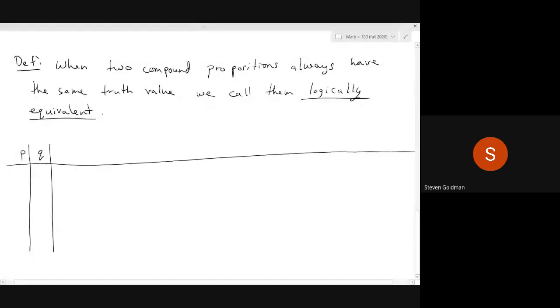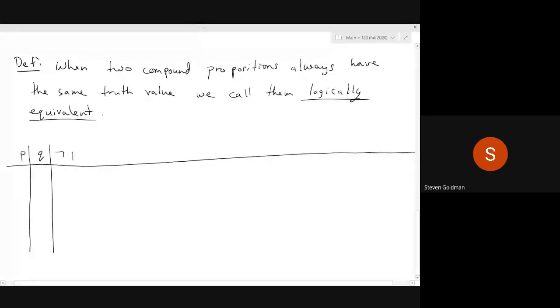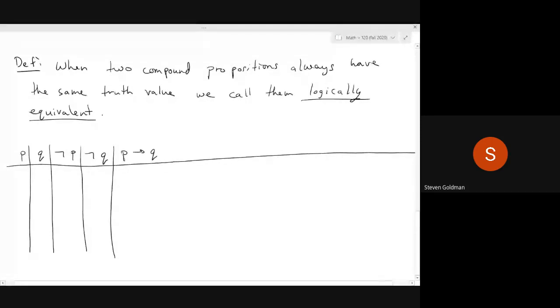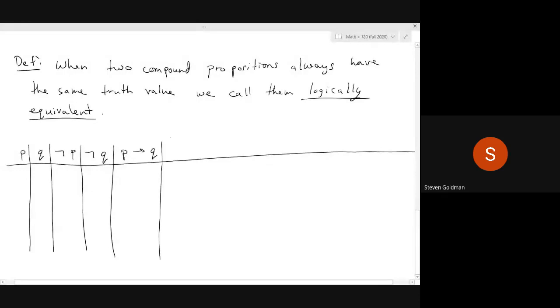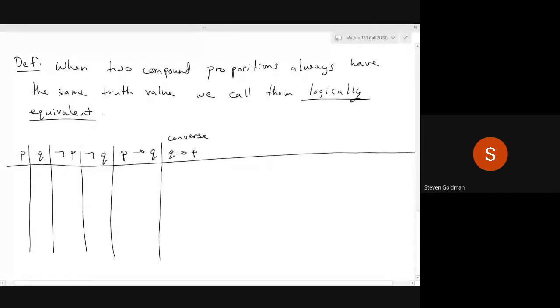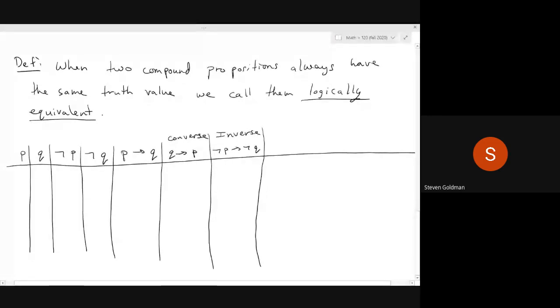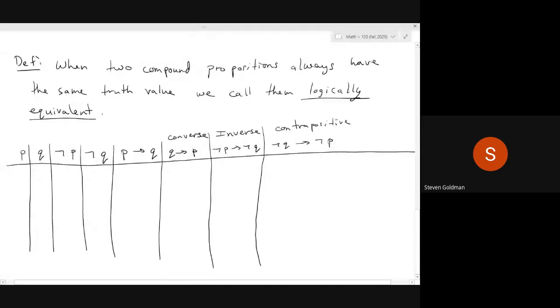So I'm starting with P and Q, not P and not Q. Then I'm going to write down the conditional statement, if P then Q. Next, I'm going to write down its converse, if Q then P. Then its inverse, if not P then not Q. And then finally the contrapositive, if not Q, then not P.